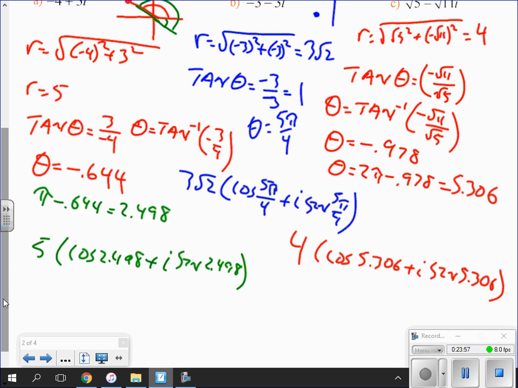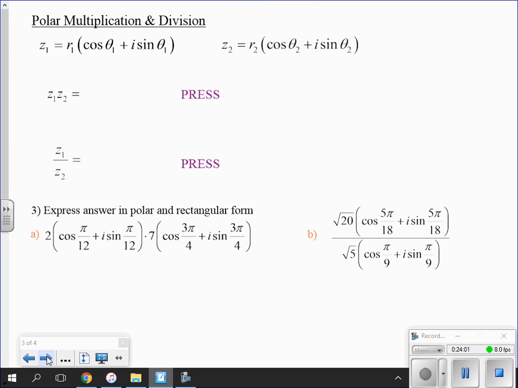Okay, you ready? Polar multiplication and division. So, 2 polar coordinates, z sub 1, z sub 2.